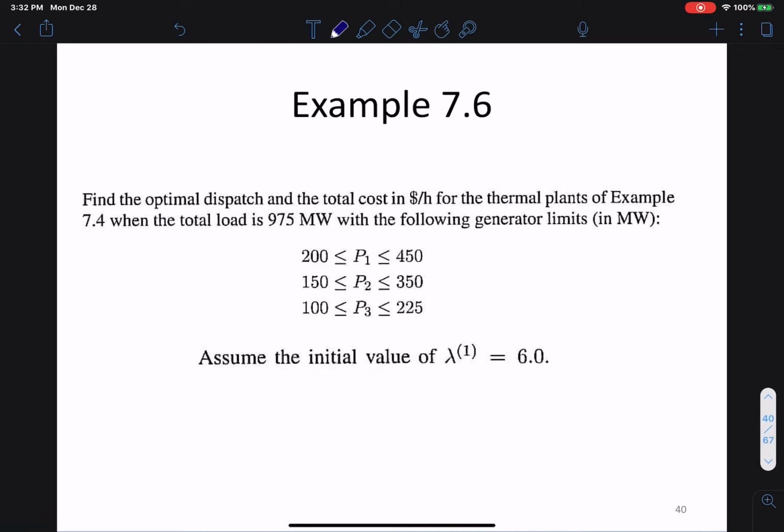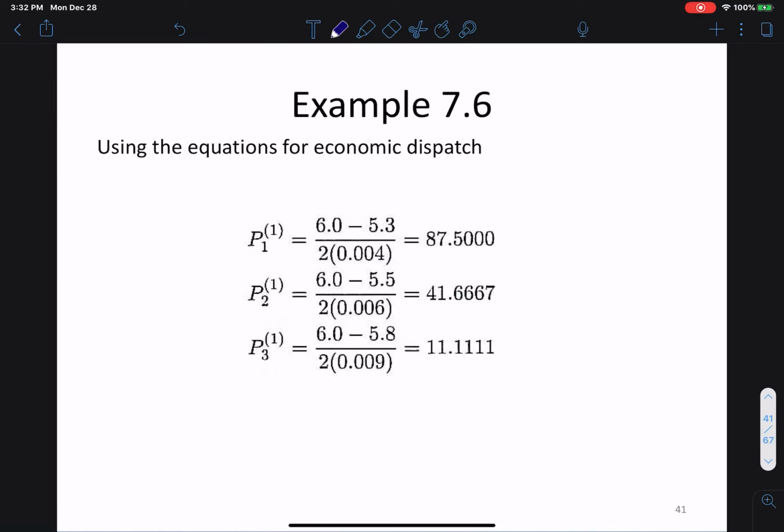All right, so I have 3 power plants here. Now I have a demand of 975 megawatts, and I have the max limit and min limit for each of the power plants. For my initial solution, I'm going to start with the lambda of 6. Then I calculate each power plant output at that initial solution, and I find that it is obviously a lot lower than demand.